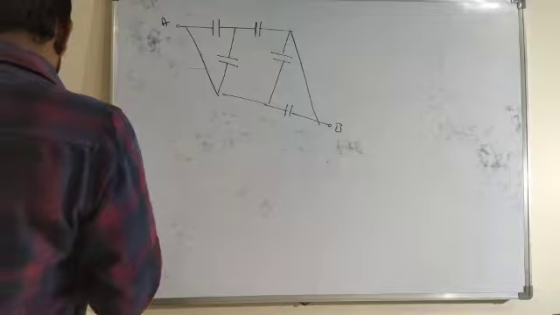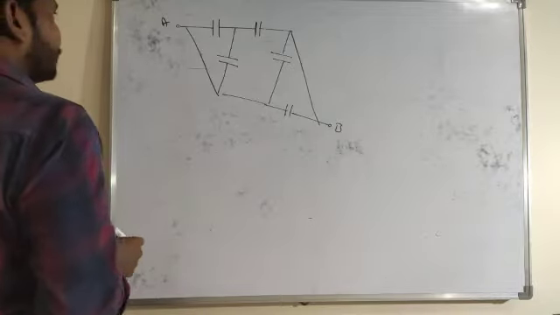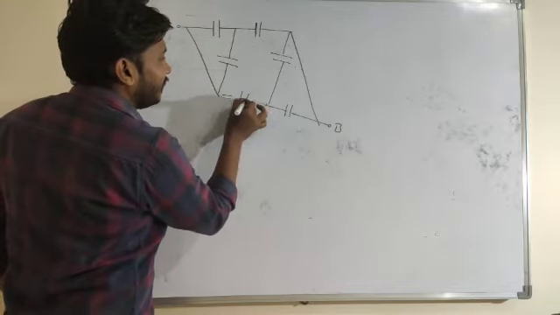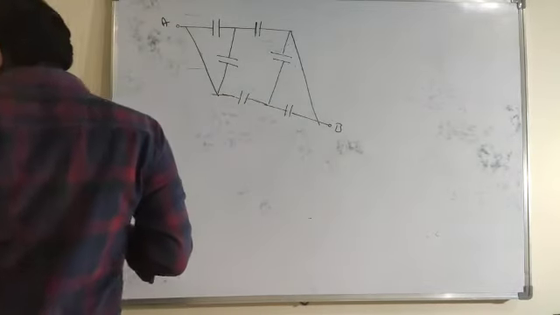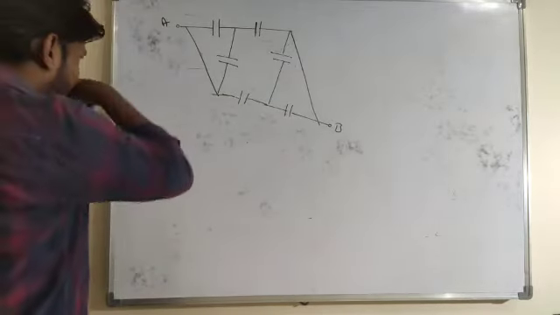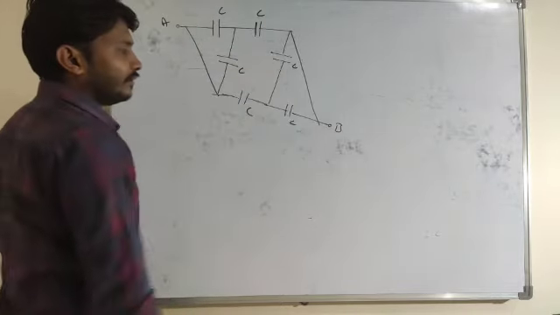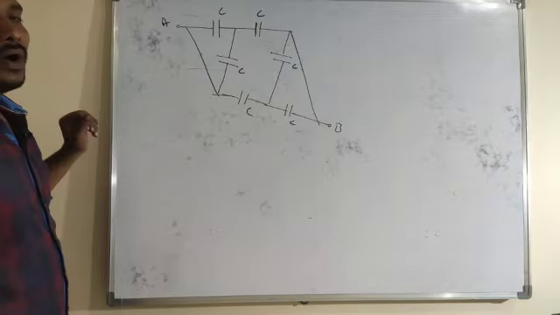So I will consider two points here. One is point A and another one is point B. Between these two points, capacitors are arranged in this manner. Each value is C here. Let me find the effective capacitance between points A and B.